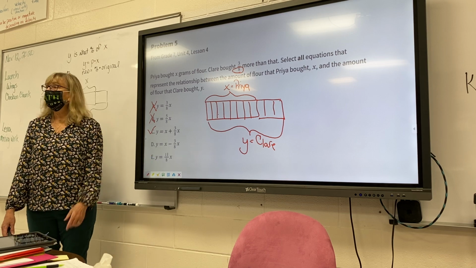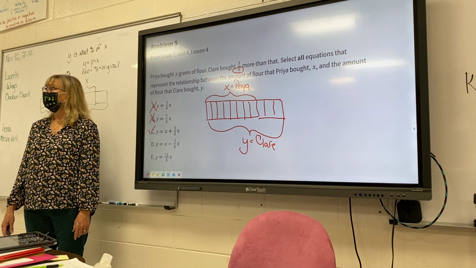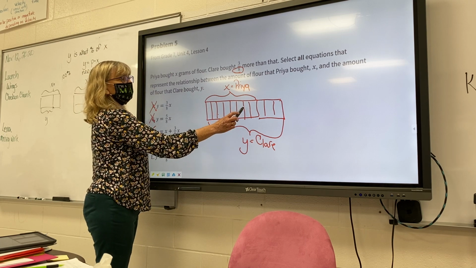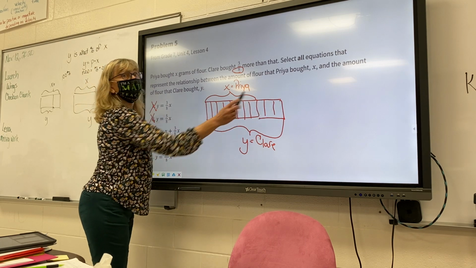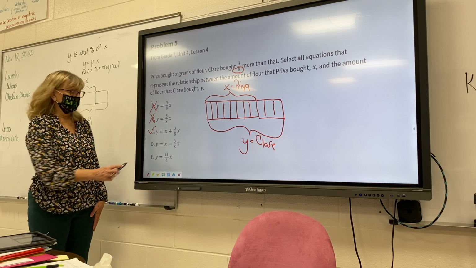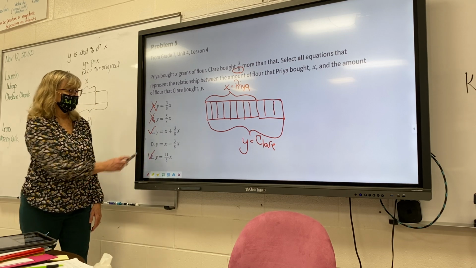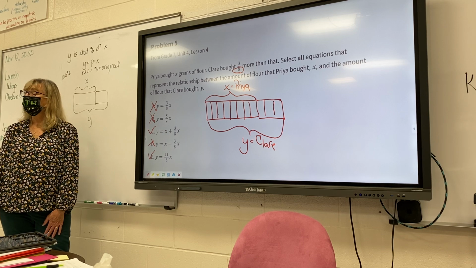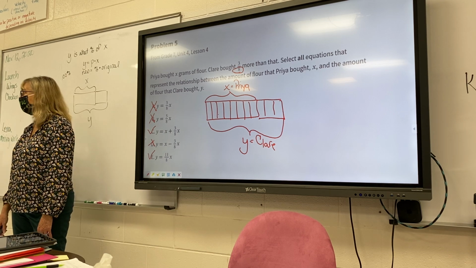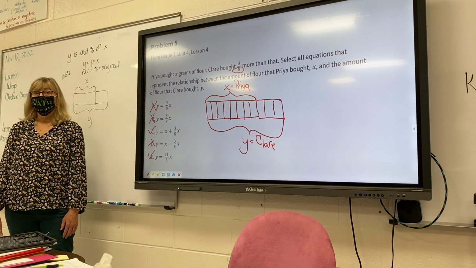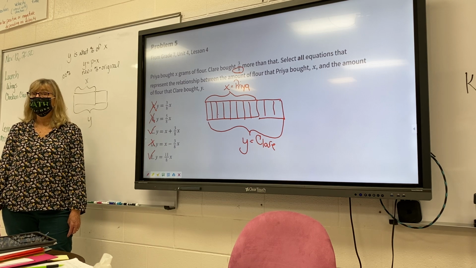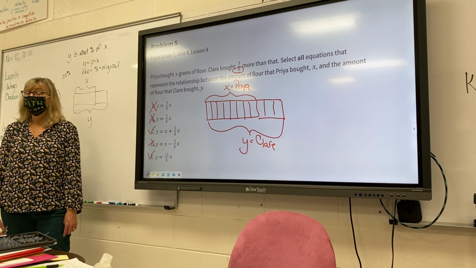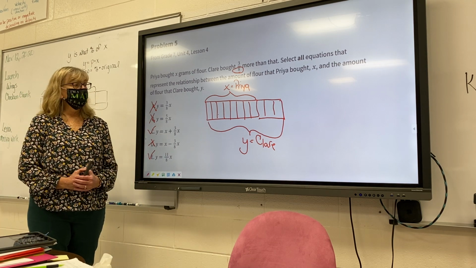Y is 11/8 X. 1, 2, 3, 4, 5, 6, 7, 8, 9, 10, 11. Is that true? Yes. Okay, so C and E are true. Did the picture help you see that? Draw the picture. Tape diagrams are a wonderful thing. All right, who needs more time?